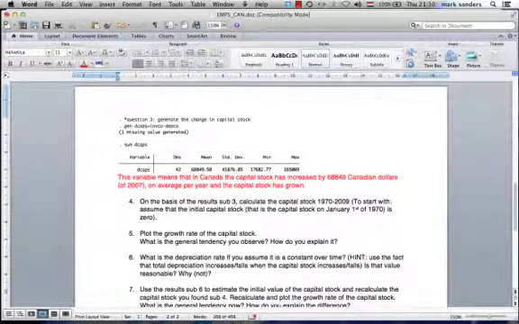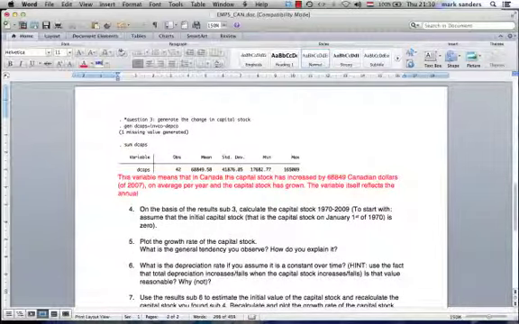Of course, the variable itself reflects the annual increase in capital. So it would be the net increase.